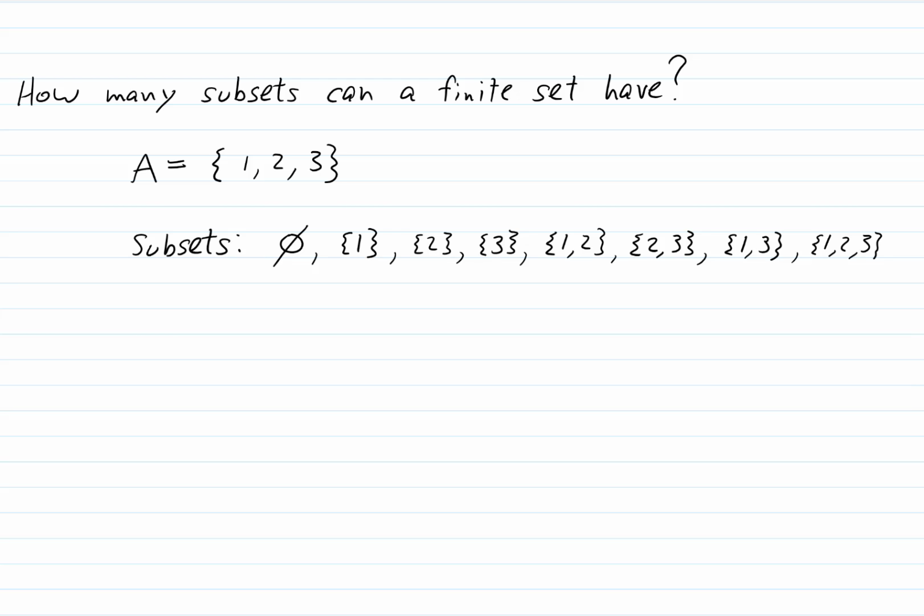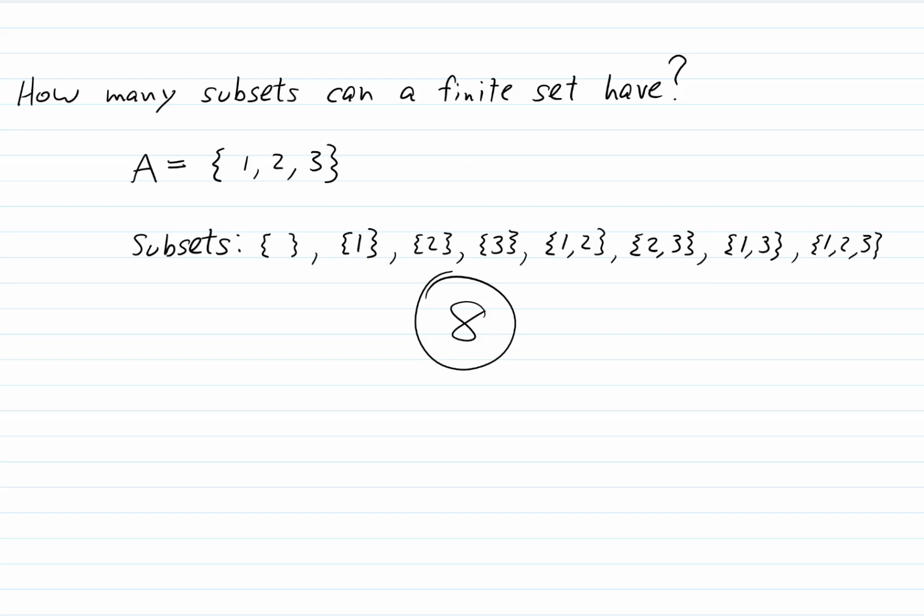Okay? Let me go back and put here, instead of the symbol for the empty set, since I've been writing all of these subsets out, I'll go ahead and write out the empty set too, which is brackets with nothing in it. So how many are there? There's 8 of them.